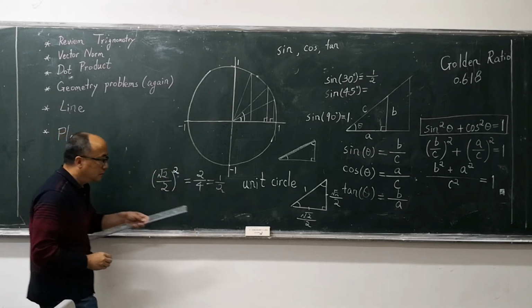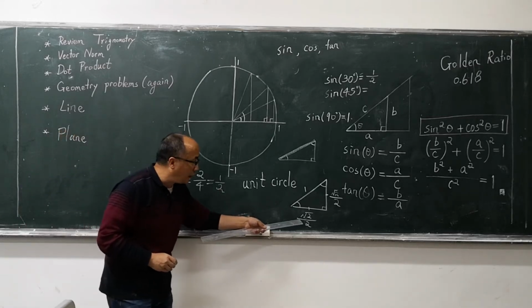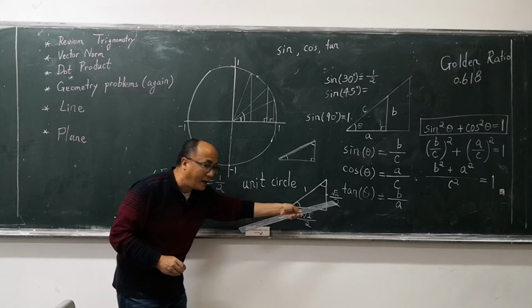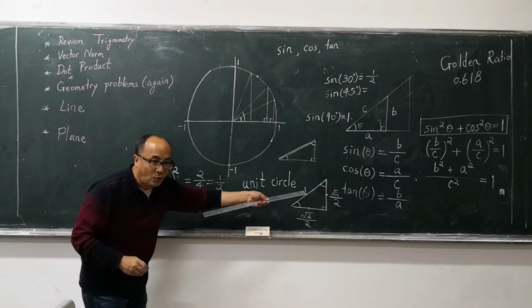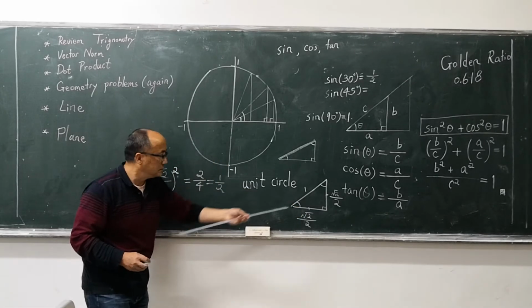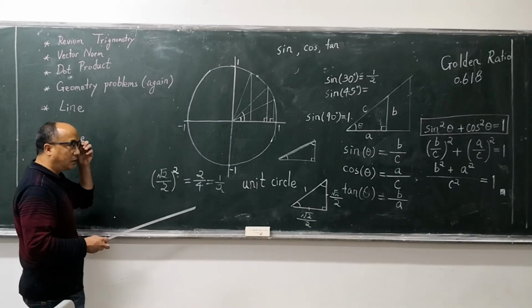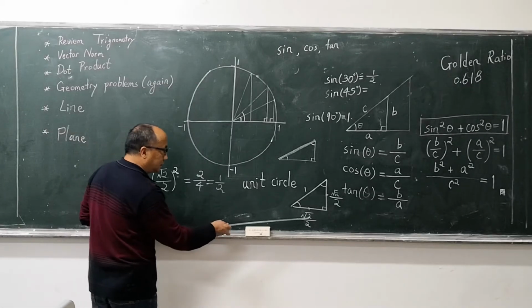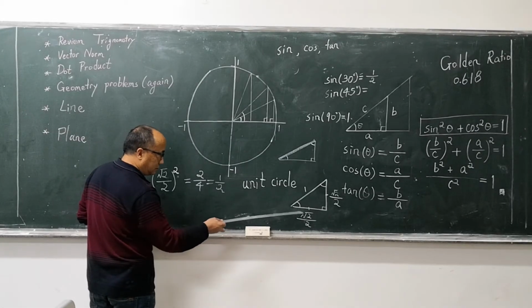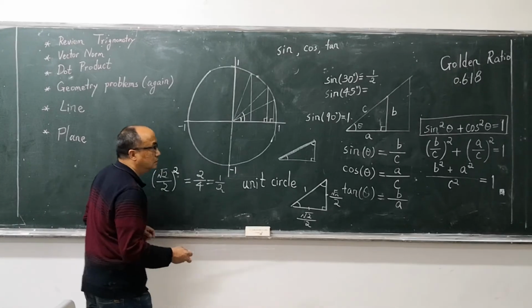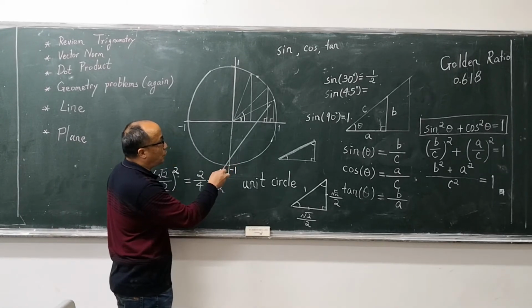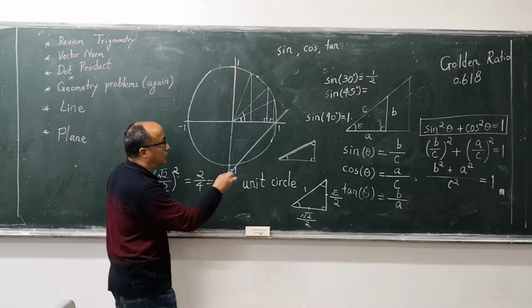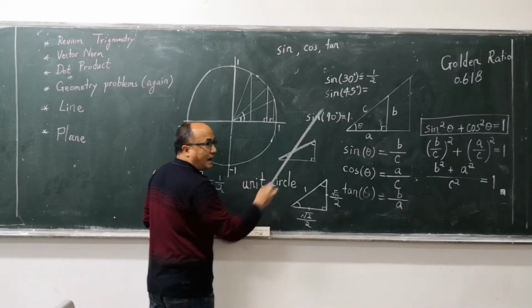So this square plus this square equals 1. So this side is this, the red one for this angle.